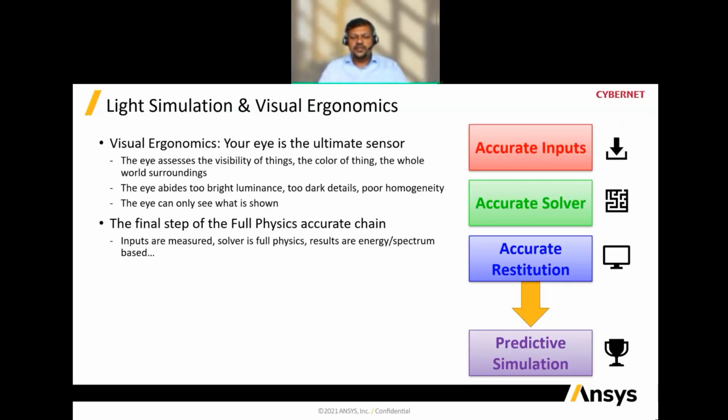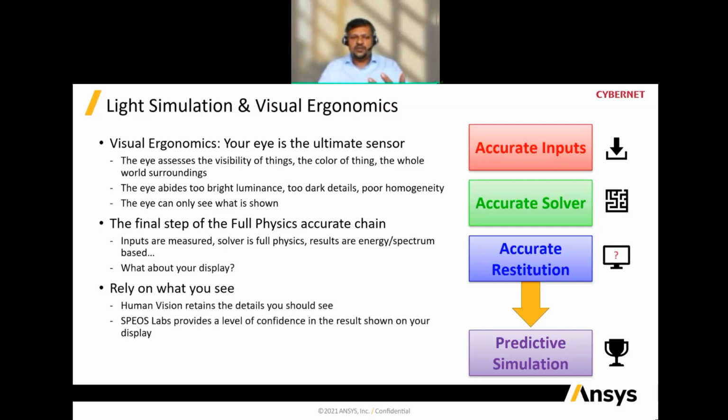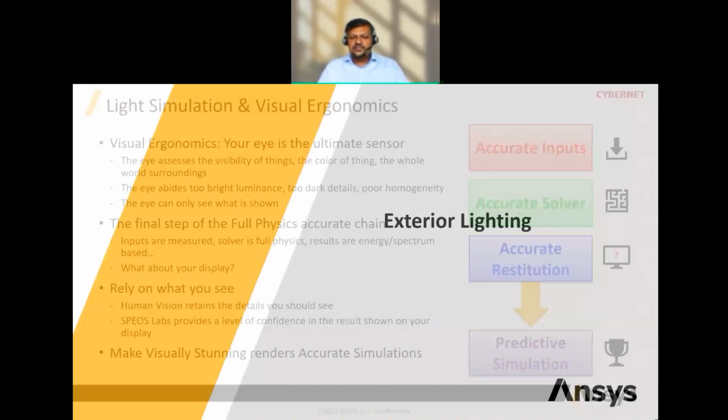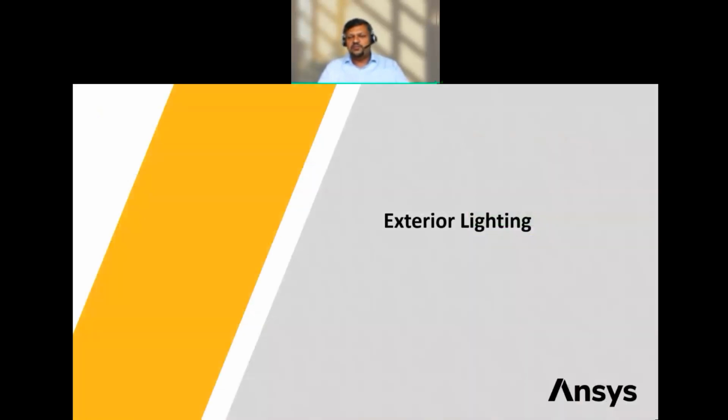So the recreation should be very accurate so that when we see the real product or when you see the simulation result, it should be comparable. That makes it more accurate. This is where we have a very strong product positioning in this area. So it's not only a stunning result, but it's a very accurate result as well.